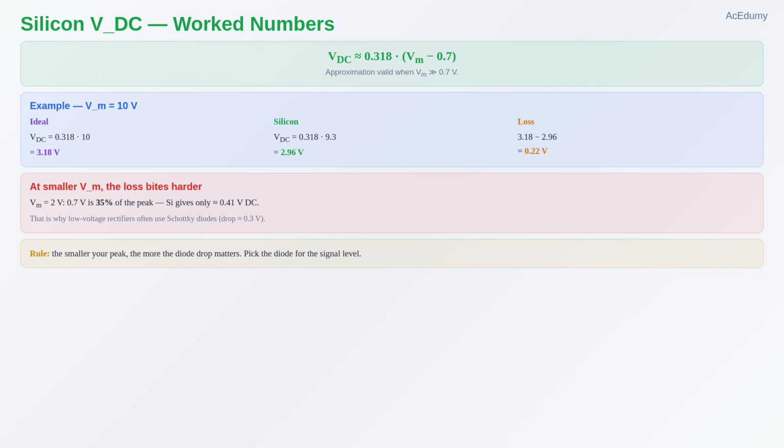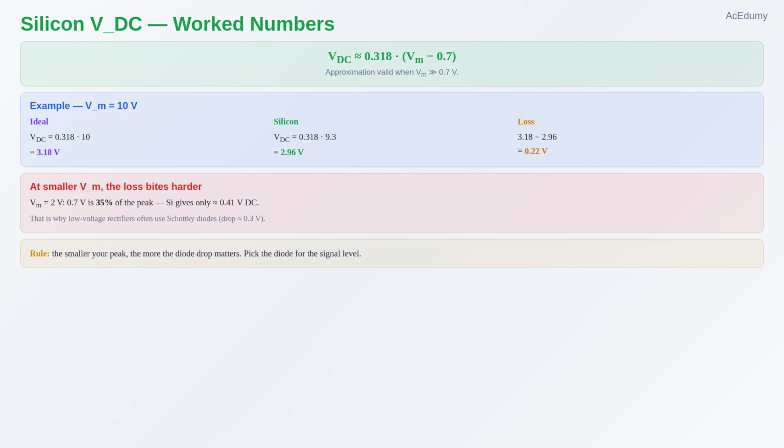The math gets a bit messier, but here is the practical engineering answer. When Vm is much larger than 0.7, we can approximate the output as a half-wave rectified version of Vi minus 0.7. That gives us V_DC approximately equals 0.318 times the quantity Vm minus 0.7.